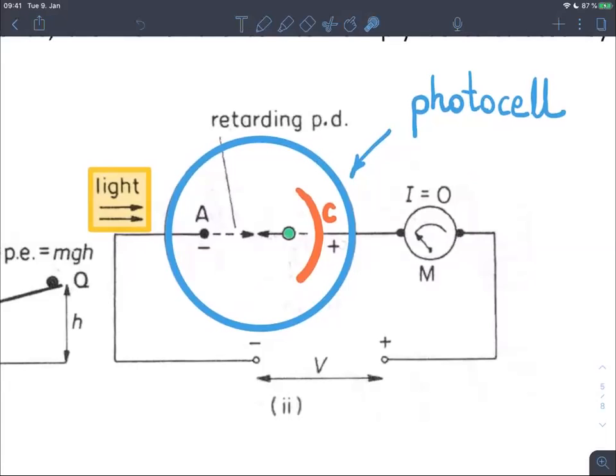However, we can detect them by simply connecting an ammeter in the circuit, which measures the flow of current, in other words, the flow of electrons. Thus, when the ammeter reads 0 amps, then we are pretty sure that no electron is reaching terminal A.